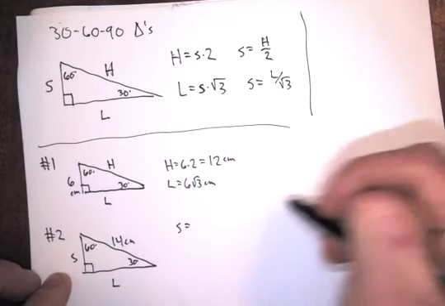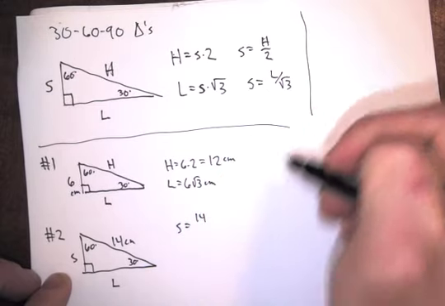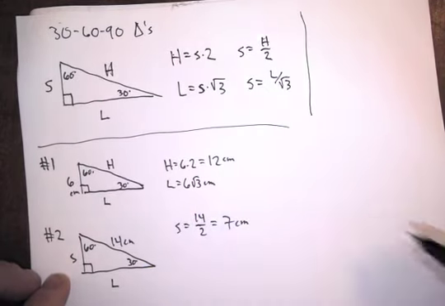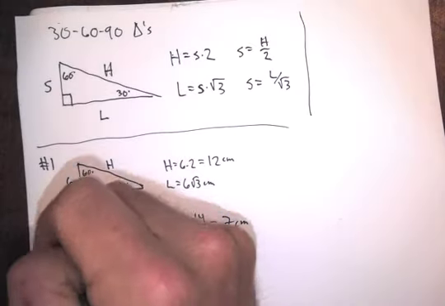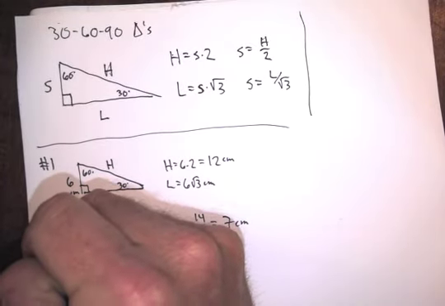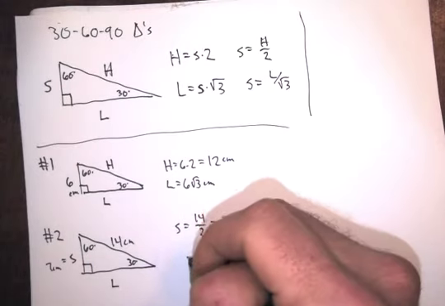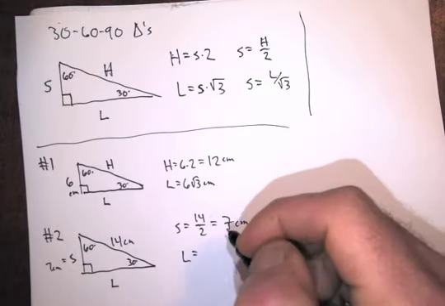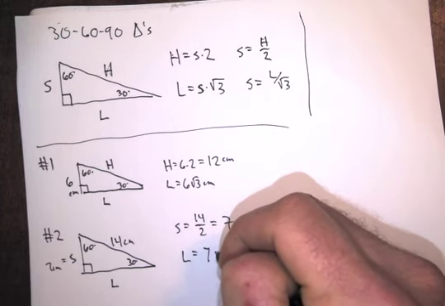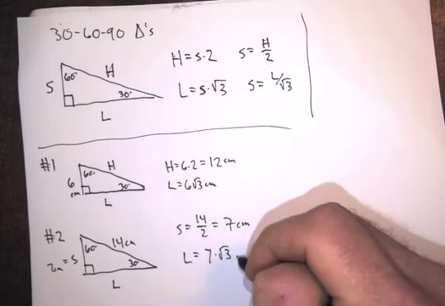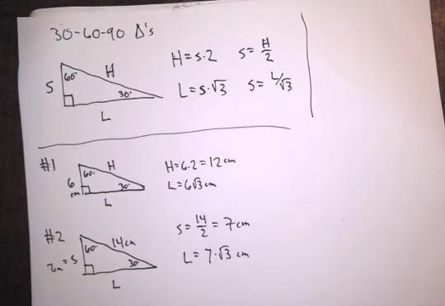S is going to be H, 14 divided by 2, or just 7. Okay, so that's 7. You might want to put it over there. And to get L, we're going to say, okay, L equals the S, 7 times square root of 3. So 7 square root of 3. All right.